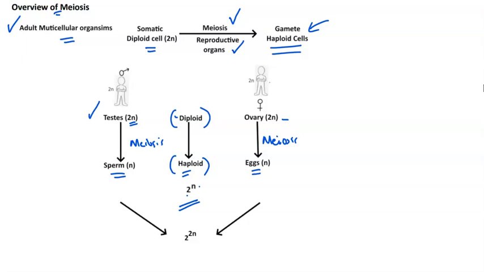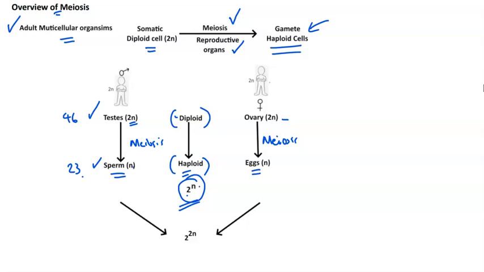Now, as we said, there's the possibility of creating tremendous variety of sperm cells based on which particular 23 chromosomes come from the 46 which are in the diploid condition.